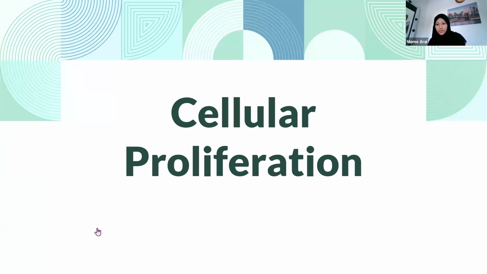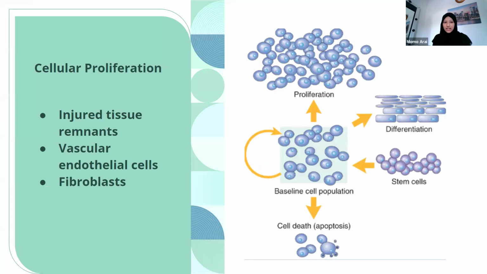We will talk about cellular proliferation. This will cover the three main points that I talked about just now. Before we begin, he talked a bit about stem cells and what cells are involved, so I'll touch upon that a bit because he wants you to understand the type of cells and where they come from.